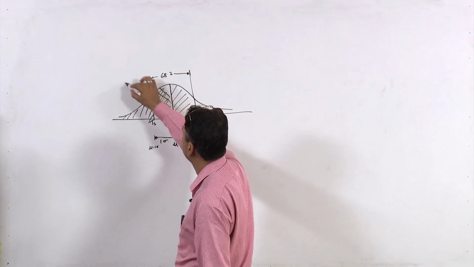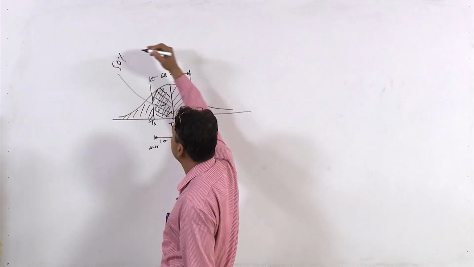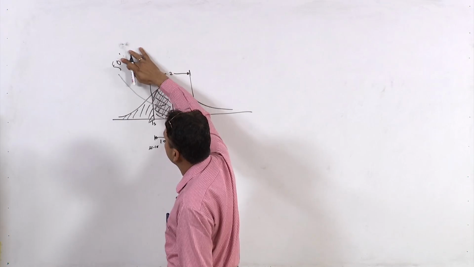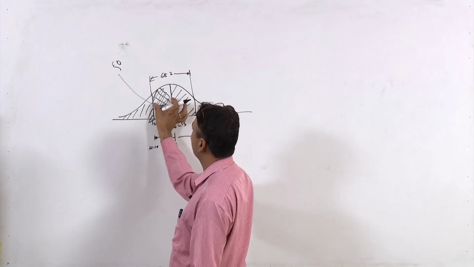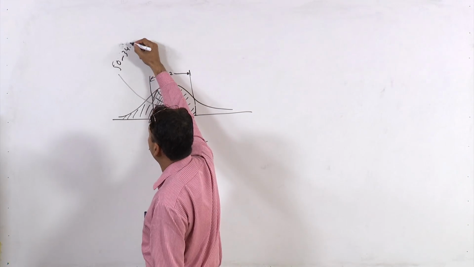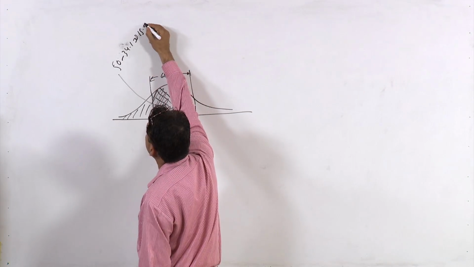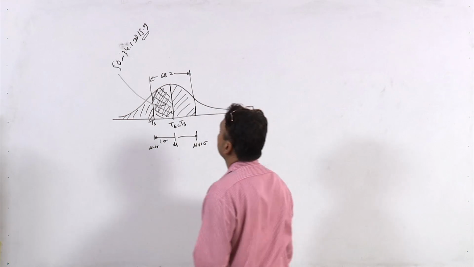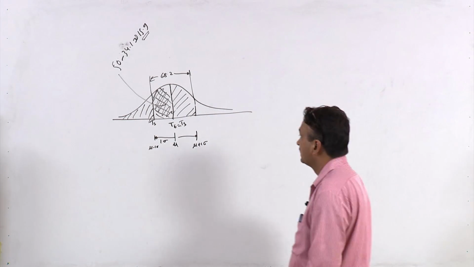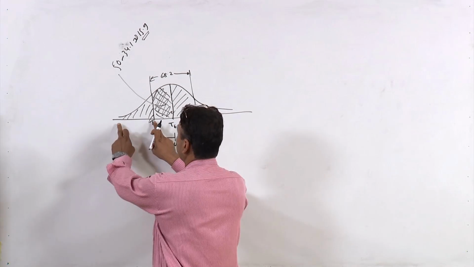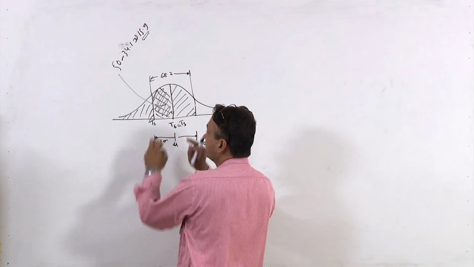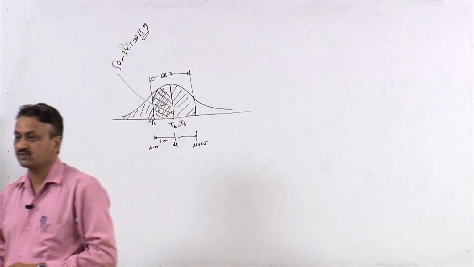This area is 34.1, and this area is 34.1. So 50 minus 34.1 gives us 15.9, and this area is 34.1. This is how you should answer this question.